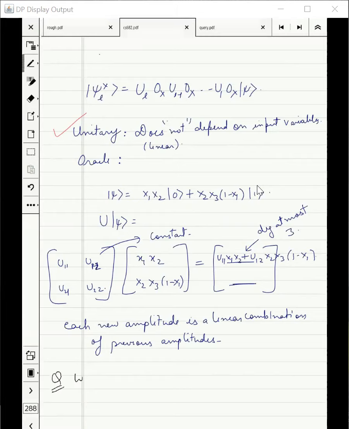Yeah, obviously, right? Because, as we have seen in the other argument also, the initial state does not depend upon input variables. It will have some constant amplitude on each of the basis states. It is a polynomial of degree 0.